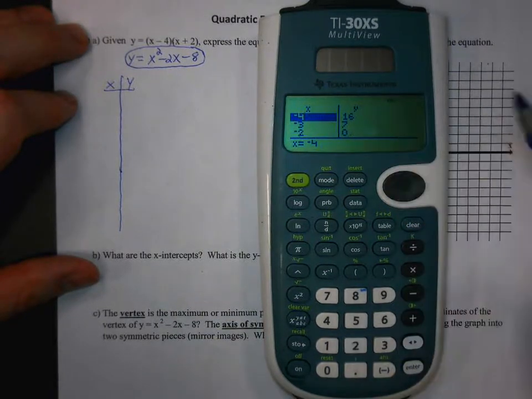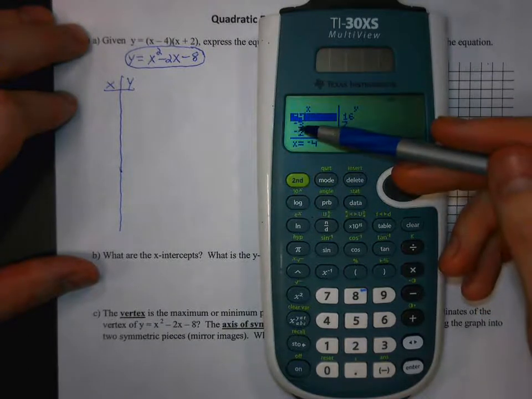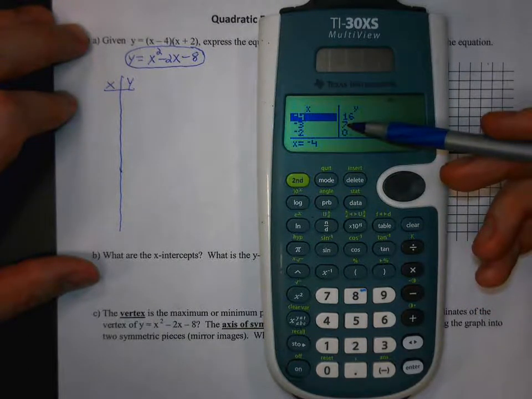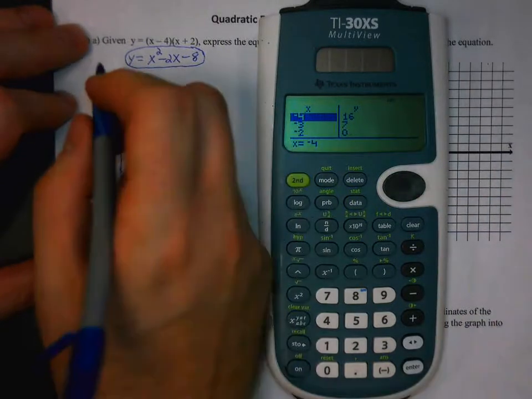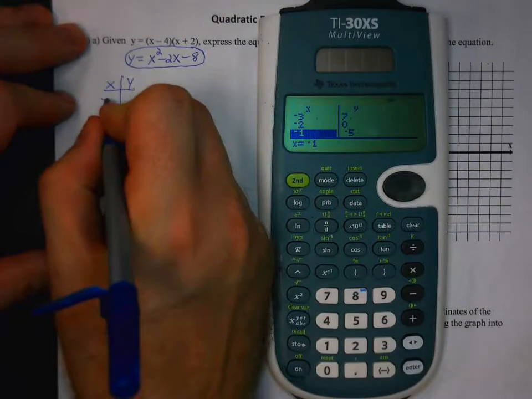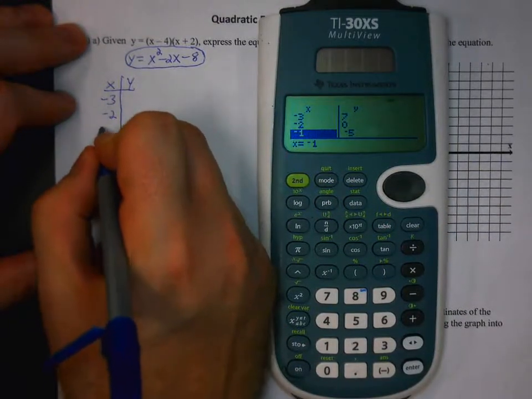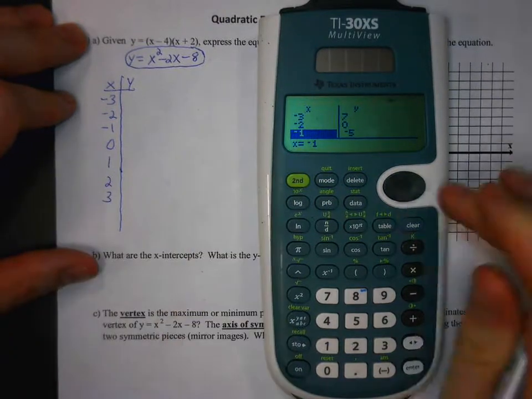Well, by the time I get to negative 4, I go to positive 16, which is off the grid. So I'll start at negative 3, and y is 7, and then x is negative 2, y is 0, and so on. So my table of values will start at negative 3. Negative 2, negative 1, 0, 1, 2, 3.